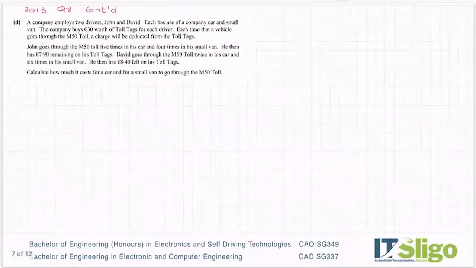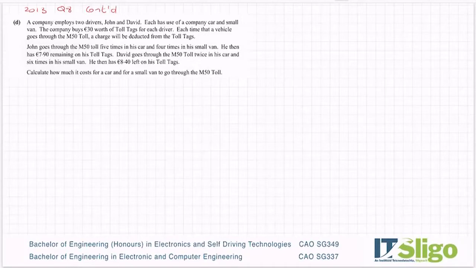Now, part D of that question is equation to words. So a company employs 2 drivers, John and David. Each has the use of a company car and a small van. The company buys 30 euros worth of toll tags for each driver. Each time that a vehicle goes through the M50 toll, a charge will be deducted from the toll tags.